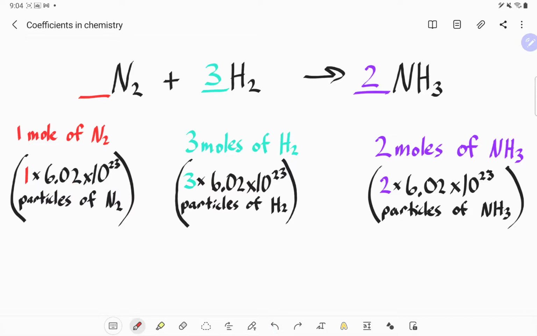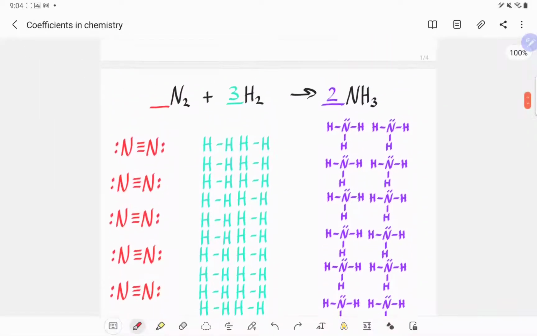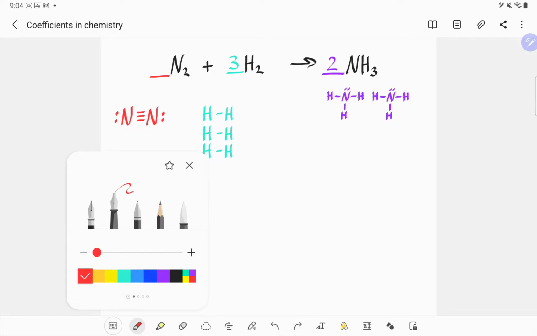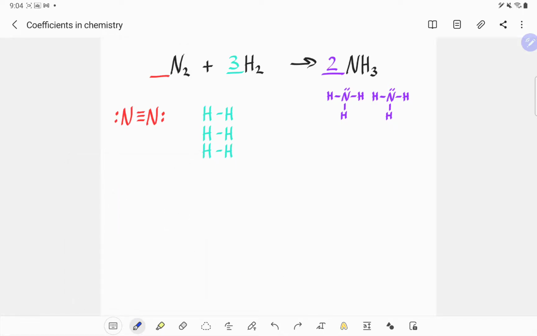So whatever descriptor of a number you want to think of it as, that is totally correct. But what I made this video to describe is that I don't want us to think it means any unit of measurement, because these coefficients do not represent a unit of measurement. So mass would be an example of something that these coefficients definitely do not represent.